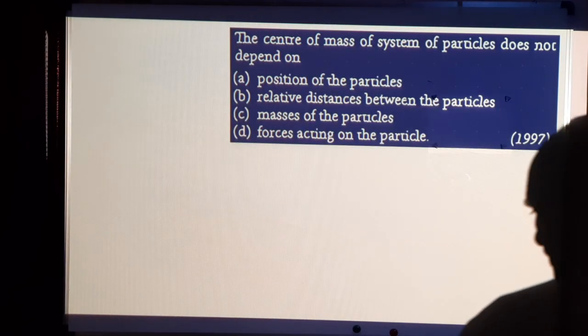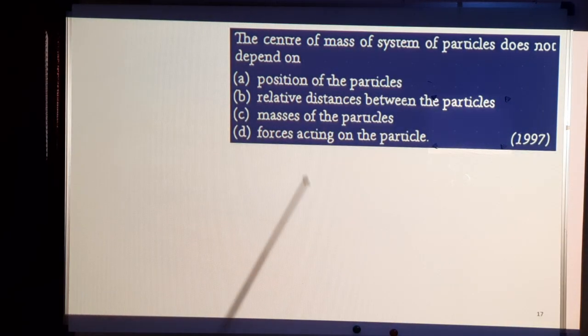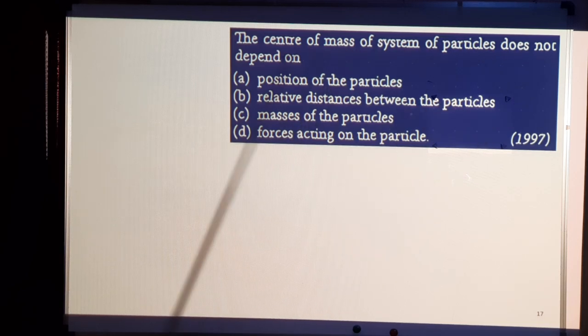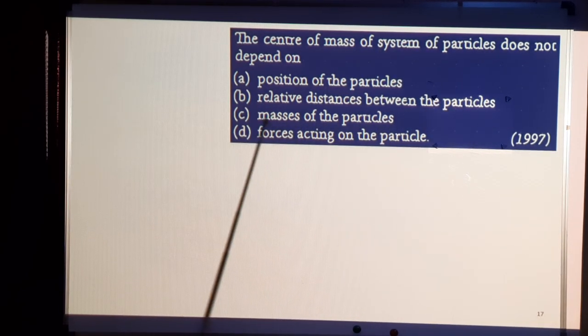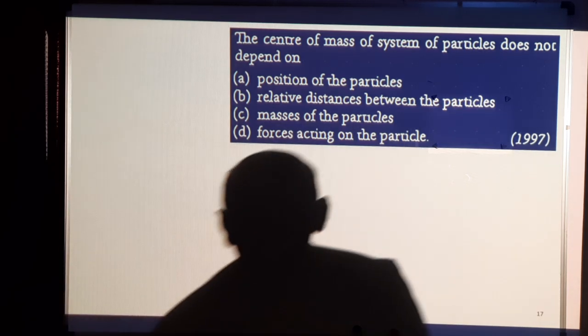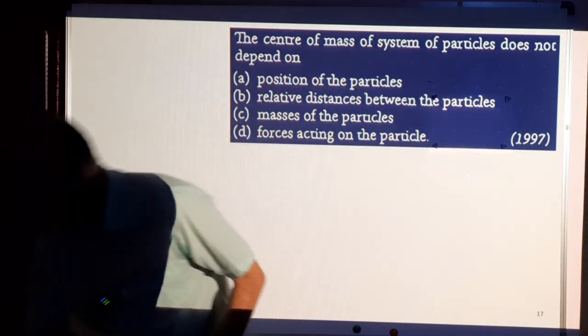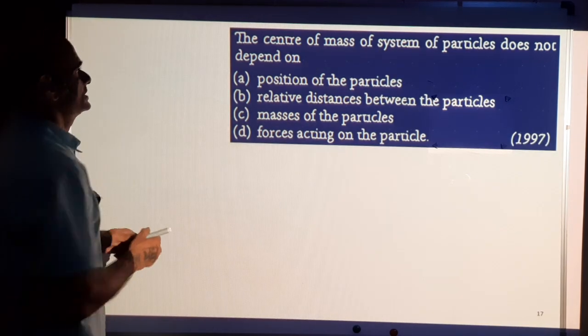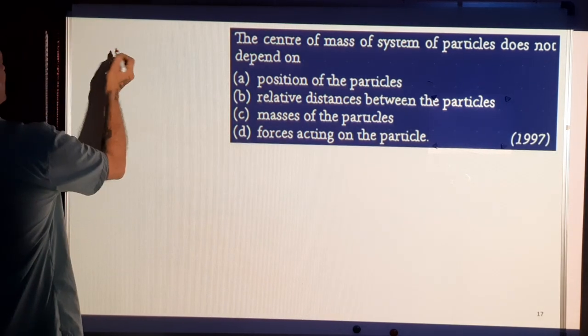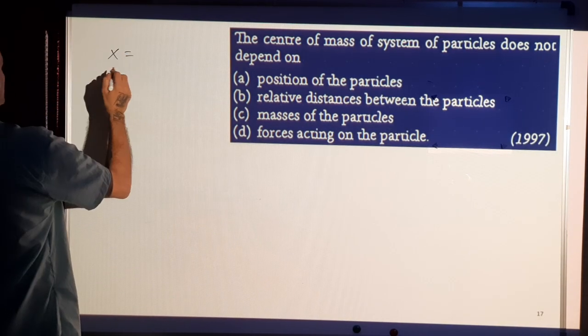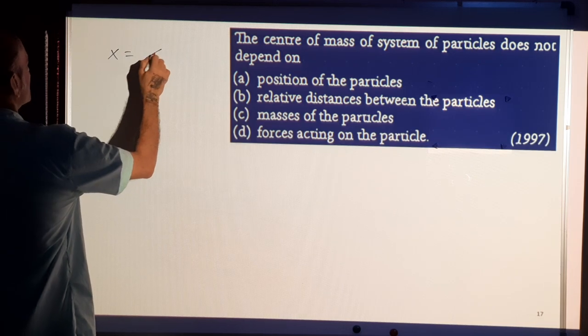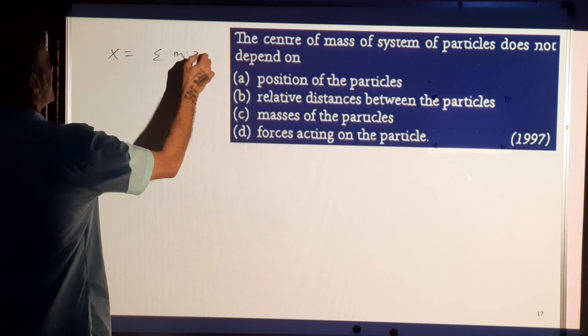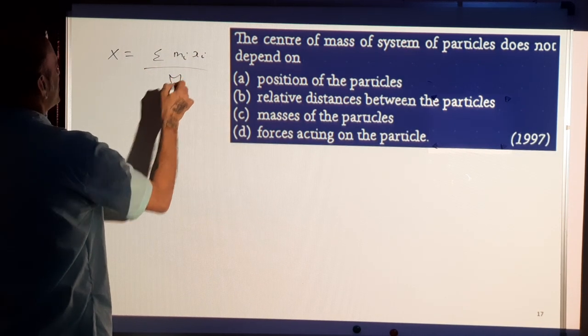This is the next question. The center of mass of a system of particles does not depend on position of the particles, relative distance between the particles, mass of the particles, or forces acting on them. Center of mass, you can also think in terms of x, y, and z, is the summation of mi xi by the total mass.